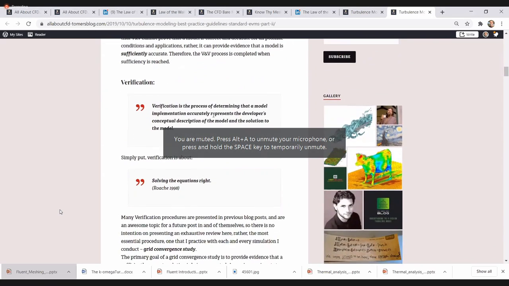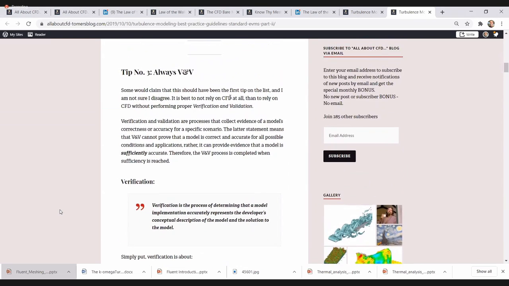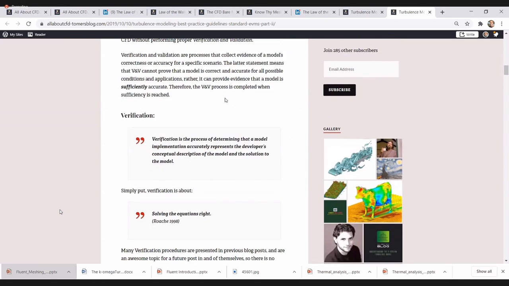Okay, the last part I want to talk about, mostly important for those of you who do the verification process, is solving the equations right. Verification is the process of determining that the model implementation accurately represents the developer's conceptual description of the model.